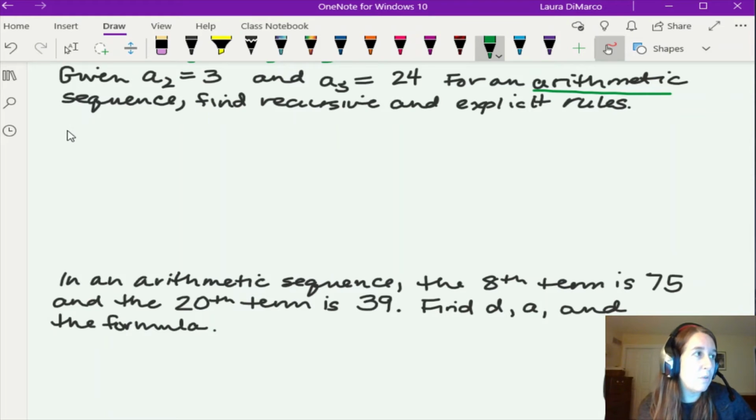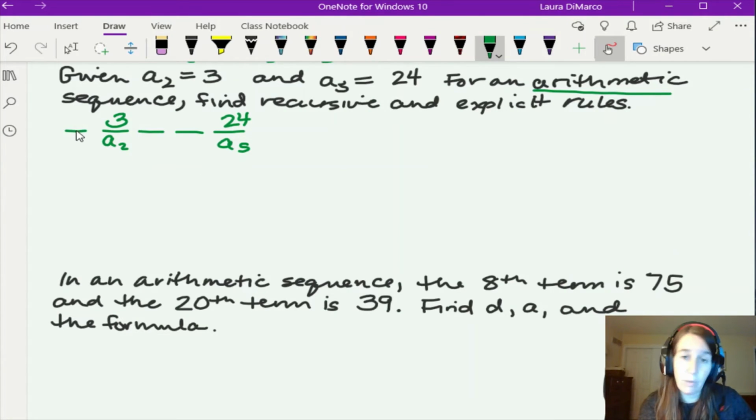And then we'll be able to write our rules easily. Okay, so what I want you to do for this one, because we're talking about terms 2 and 5, right? So this is a sub 2, and this is a sub 5. So a sub 2 is the number 3, and a sub 5 is 24. And we want to see how are those related, and then how do we find this a sub 1 that we need. Because it's arithmetic, we know that every time we're going to be adding d.